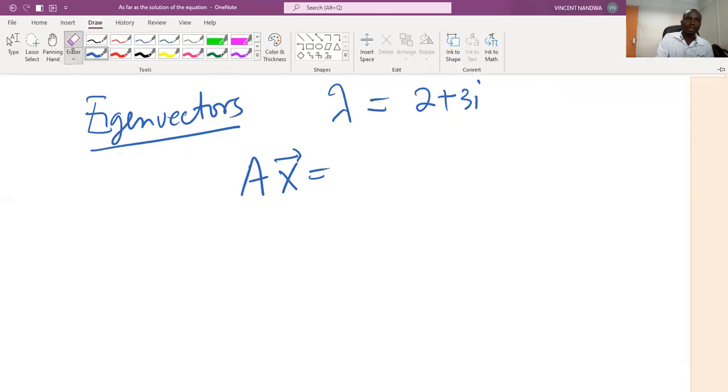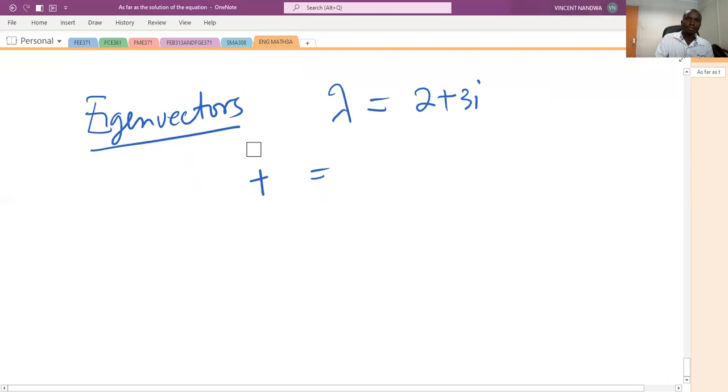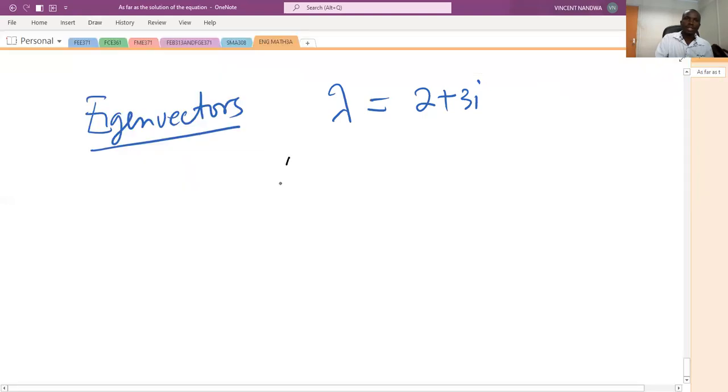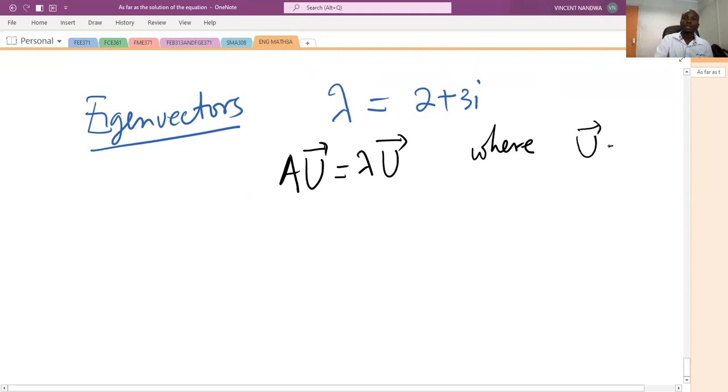Let me pick my eigenvector; let me use the letter U. So we have to ensure that AU is the same as lambda U, where since our A is a 2 by 2 matrix, U is of this form, U1, U2, the eigenvector.